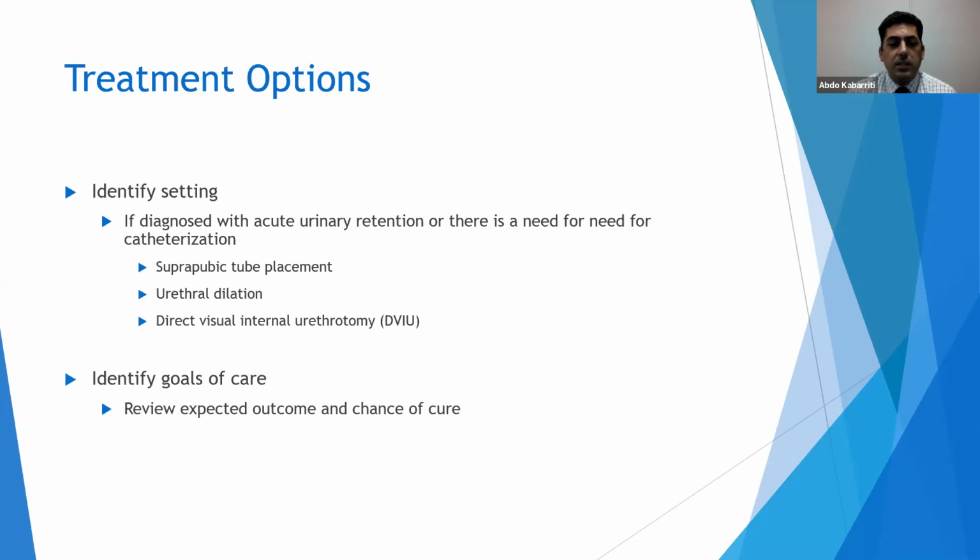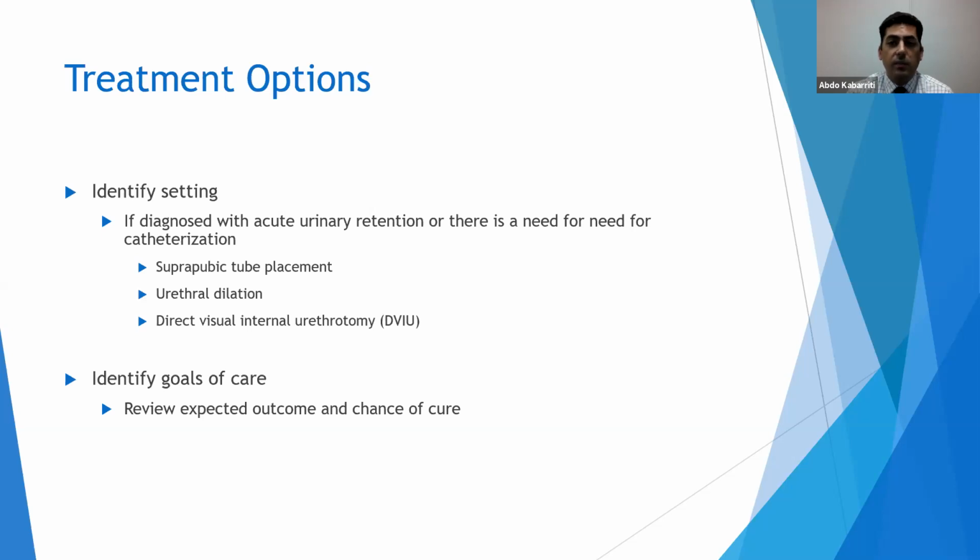And this has to be discussed because different patients will have different goals of care. An 85-year-old, for example, who has multiple medical comorbidities may not want to undergo a larger procedure such as a urethroplasty. What they may consider as their success is anything where they could avoid a so-called large surgery and not having to have a catheter or a suprapubic tube all the time.